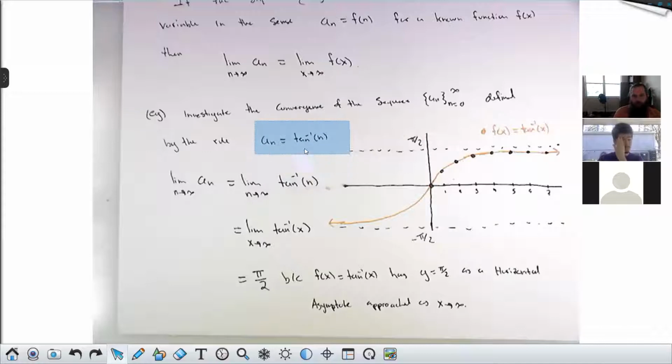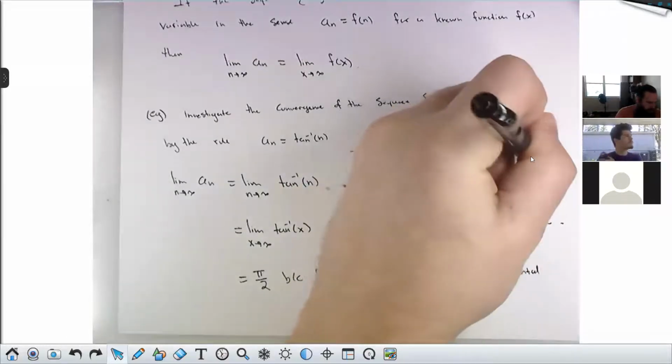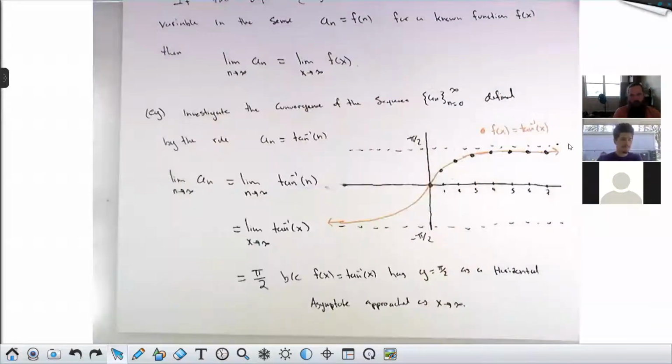And since my sequence is inverse tangent of n, its graph is just dots along that orange graph, which means wherever the orange goes, the black dots must go as well. And since the orange, as we run off to the right, goes to pi over 2, I know that the sequence has to go towards pi over 2 as well.